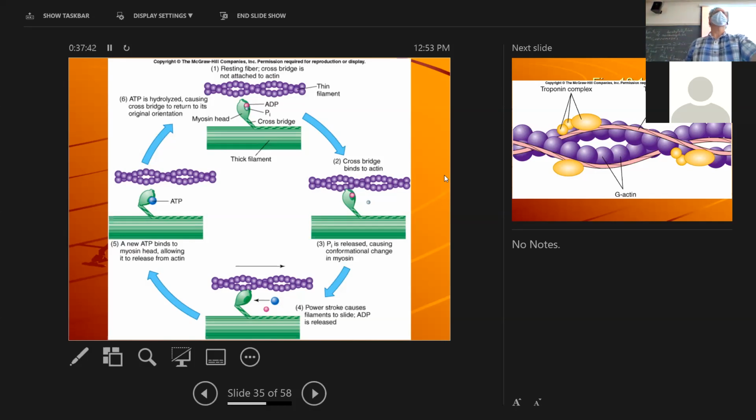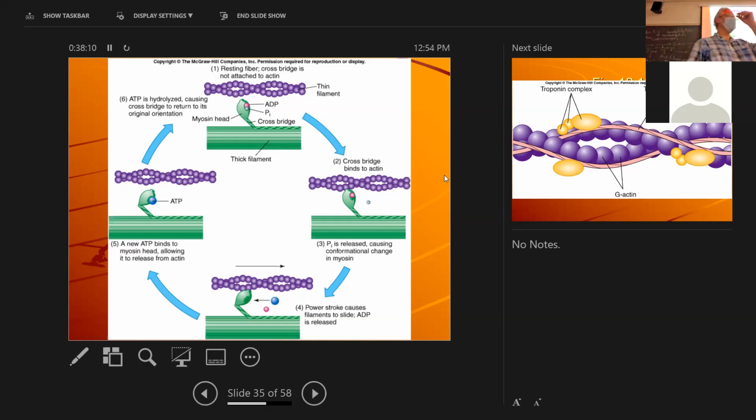Hydrolyzes it, cocks it again, spits out the phosphate, binds the actin, spits out the ADP, pulls, binds ATP, release. Hydrolyze, spits out the phosphate, spits out ADP, power stroke, binds ATP again, release. Hydrolyze, and there it goes, the cycle again and again.